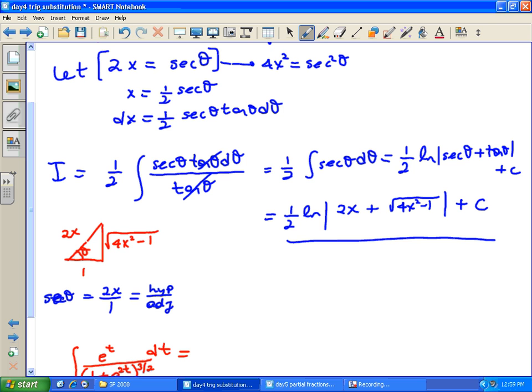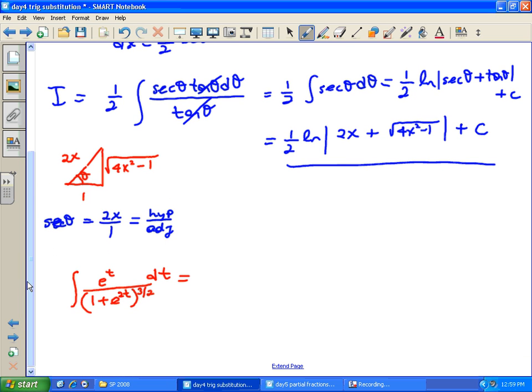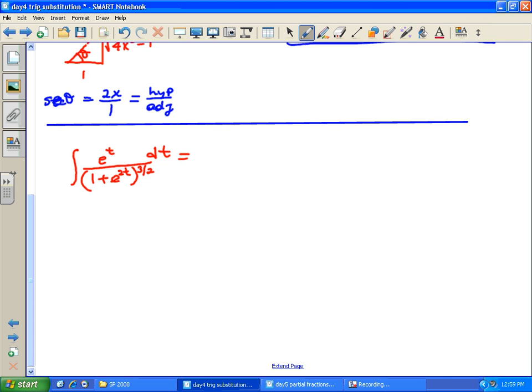There's one more example that I want to give you a hint on, and this is one of your group activity questions. It had to do with the exponential function, but somehow you can use trig substitution for these questions.